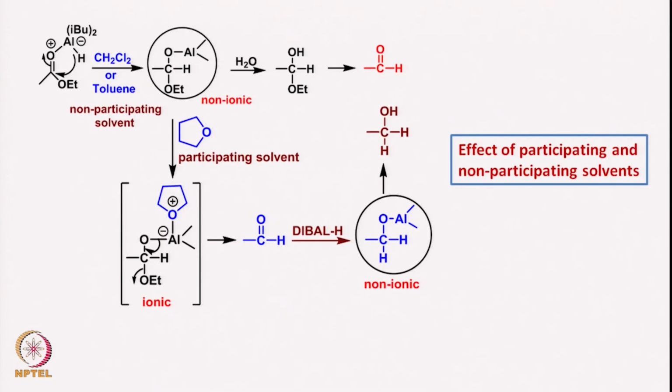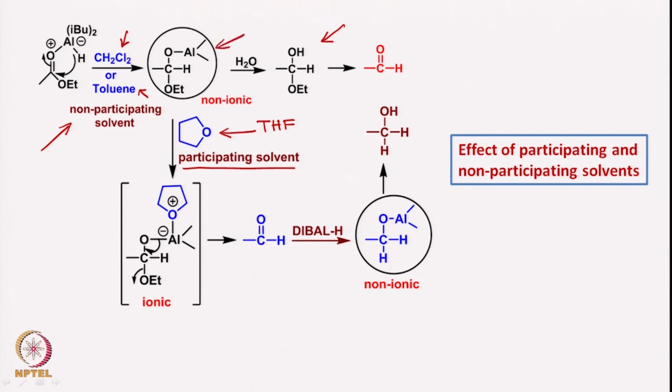Now we saw the non-participating solvents, dichloromethane or toluene. Now if we take a participating solvent, which is tetrahydrofuran, this is tetrahydrofuran. If we take this solvent instead of dichloromethane, a similar type of DIBAL interaction would occur with the ester, and a similar intermediate is formed.